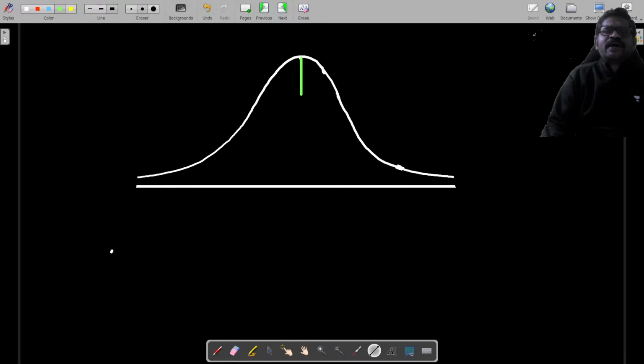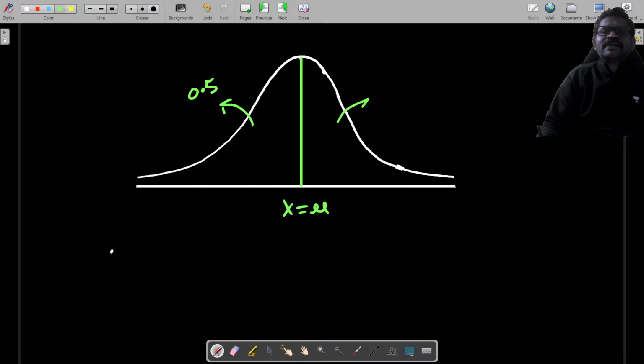The total area under the curve is 100%. Left side of the mean 50%, right side of the mean 50%. That is, this is x equal to mu. Left side of the mean, this part 50%, this part 50%.